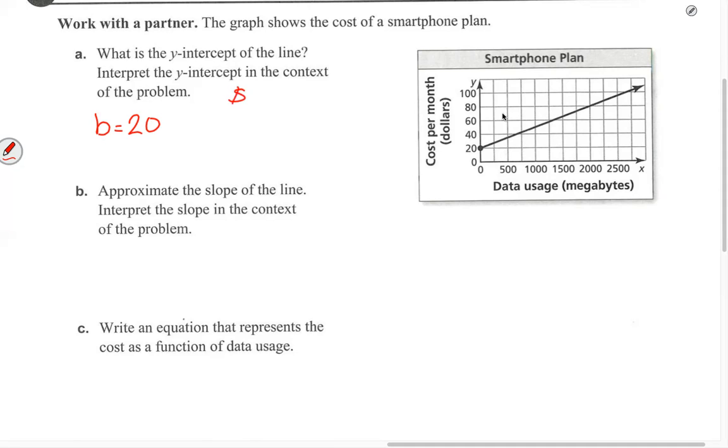So $20 per month just to have the phone. Just to activate the phone. Have you guys ever heard of activation fees with your phone? This phone has a $20 activation fee. So just to have your phone active, not to use it, it's $20 a month. Make sense to you guys?